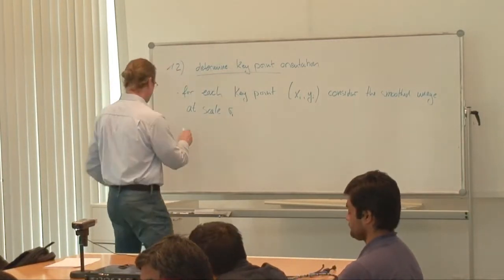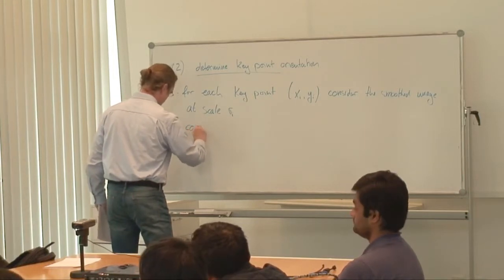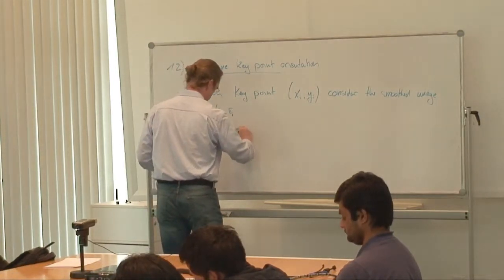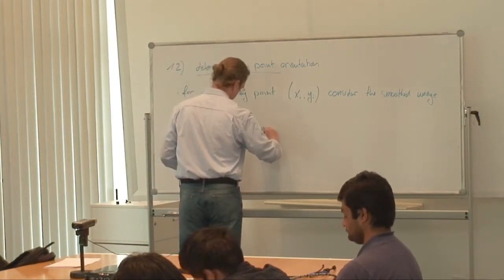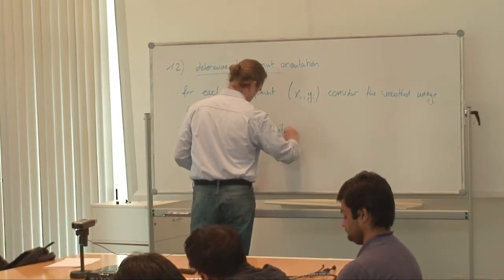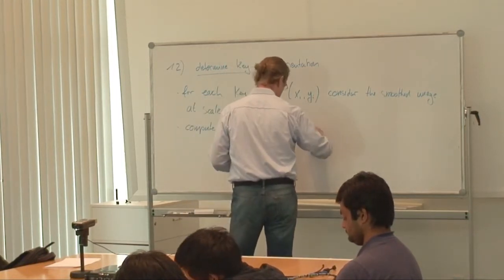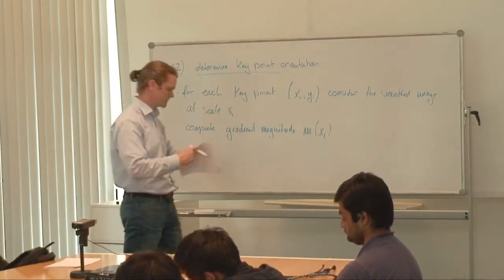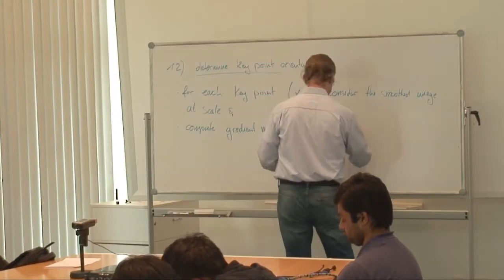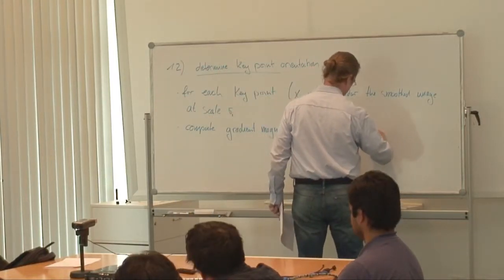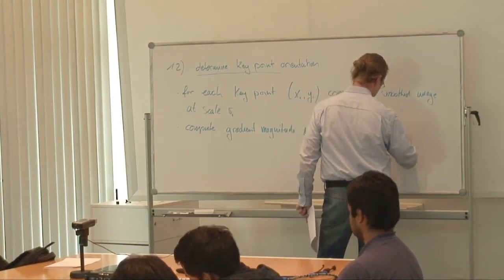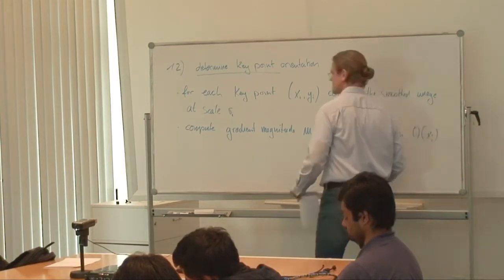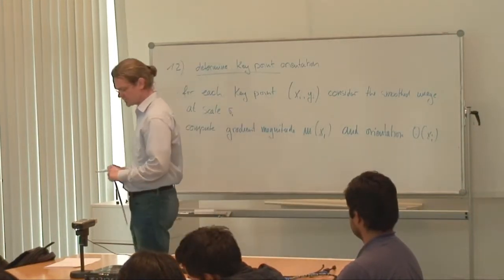you do the following. You compute gradient magnitude m at this point, xi. Gradient magnitude and orientation. Of course, thinking of this requires us to derive each of these smooth images.